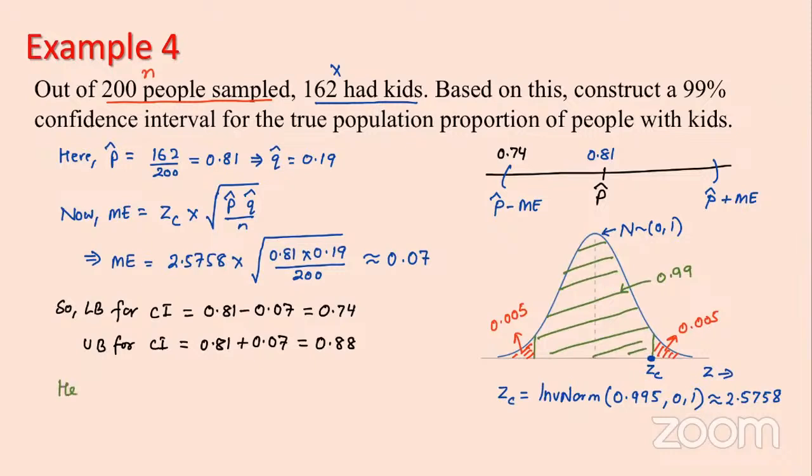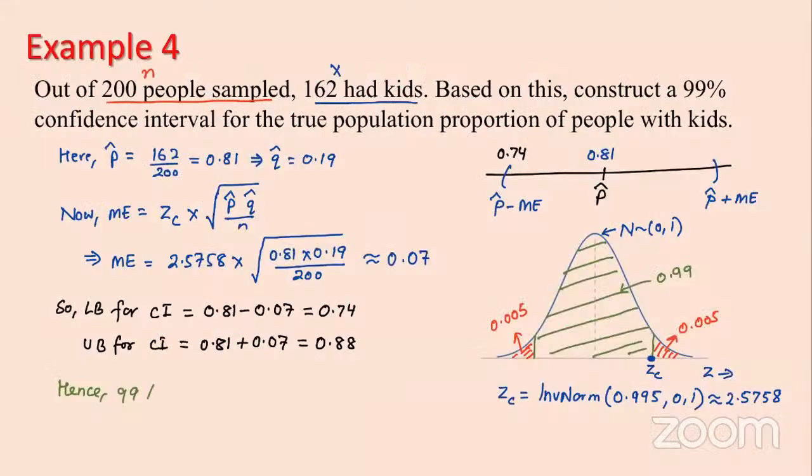Hence, 90%, no, not 90, 99% this time, right? 99% confidence interval for proportion is from 0.74 up to 0.88.